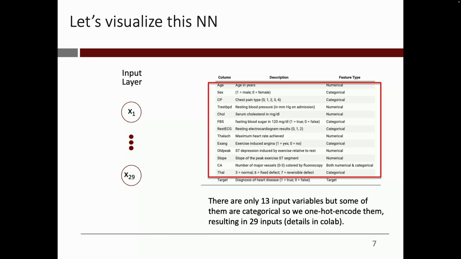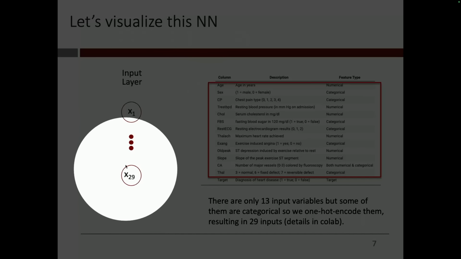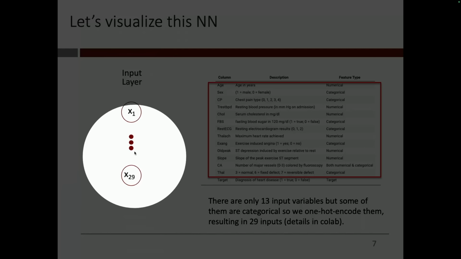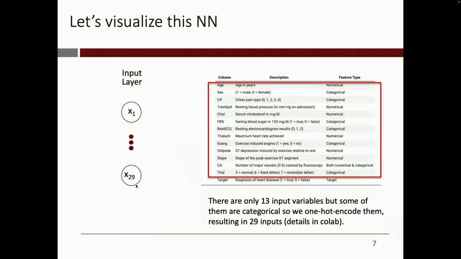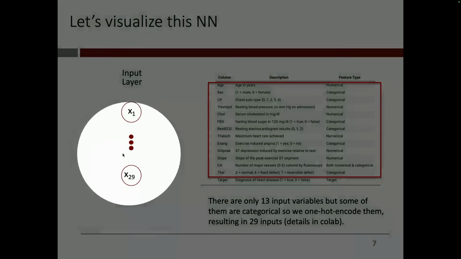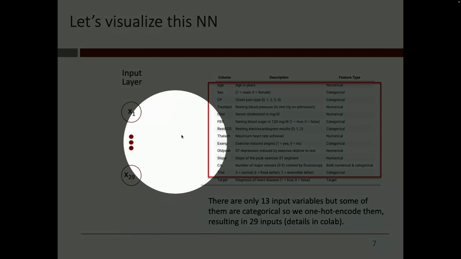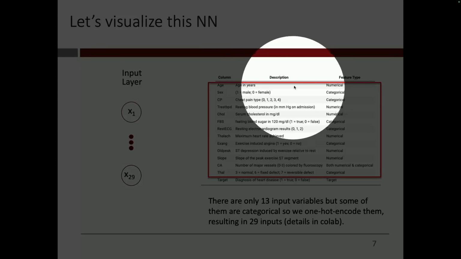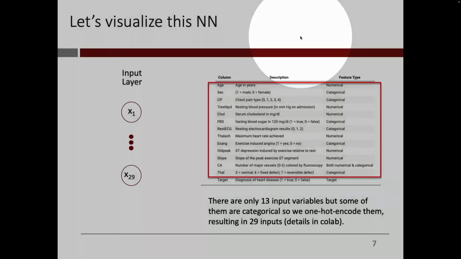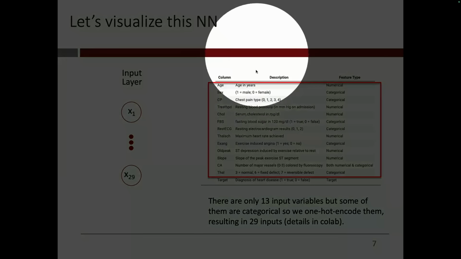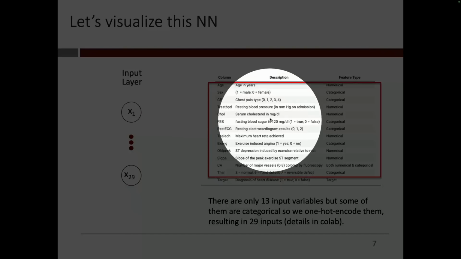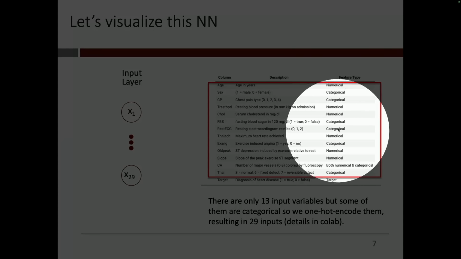All right. So we're going to lay out this network visually. So we have an input, and as you will see here, x1 through x29, that's our input layer. And you may be wondering, 29, where did he get that from? Because there doesn't seem to be 29 rows here of independent variables. So it turns out there are only 13 input variables here, but some of them are categorical.